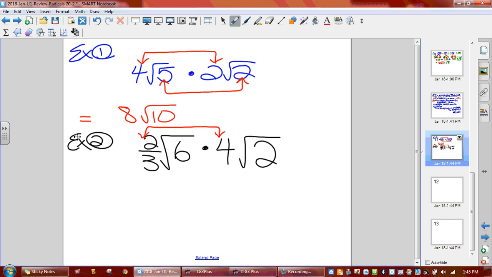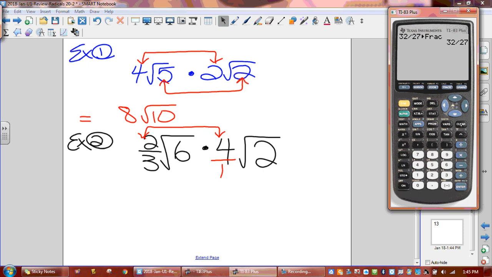Or if you want, in your calculator you could simply go bracket 2 divided by 3, 2/3 times 4, then math, enter, enter. You get 8 over 3. So we can do it in the calculator and reduce the fraction. So 8 over 3.